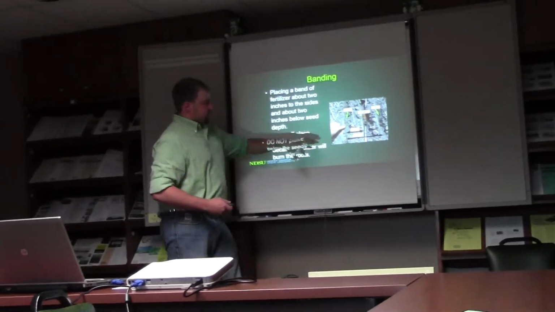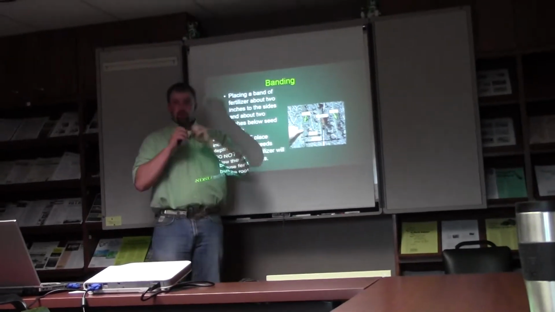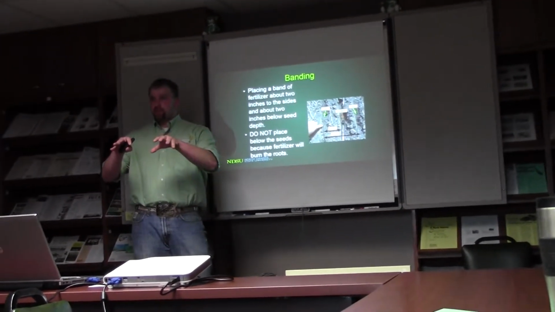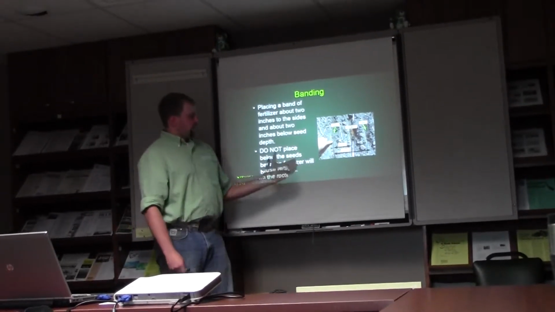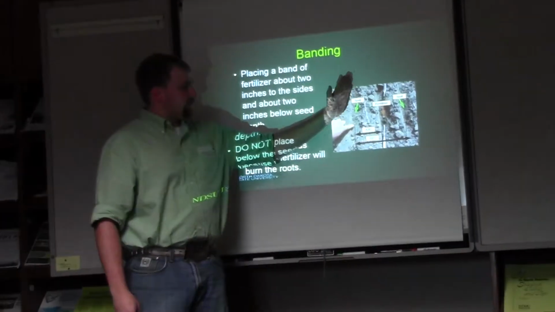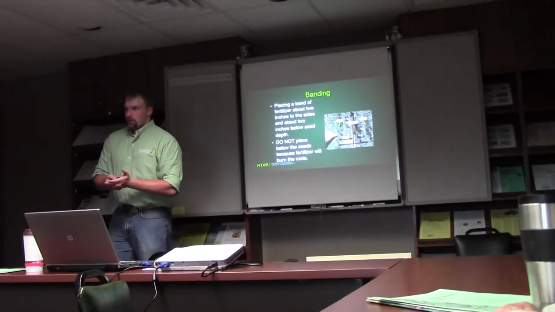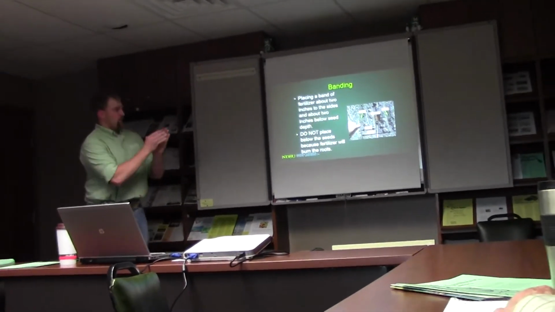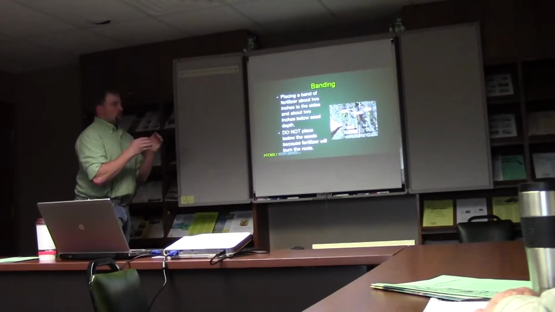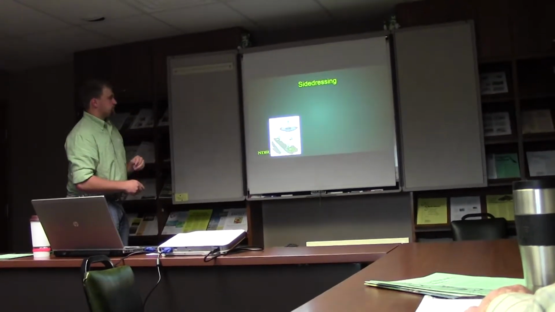Essentially what you're doing is encouraging that root growth to go after those nutrients. So that's the whole process behind that. Now the reason why you don't put your fertilizer right next to that seed is you have a potential for burnout. So that's why we're going to put it in between where those different seed rows are.